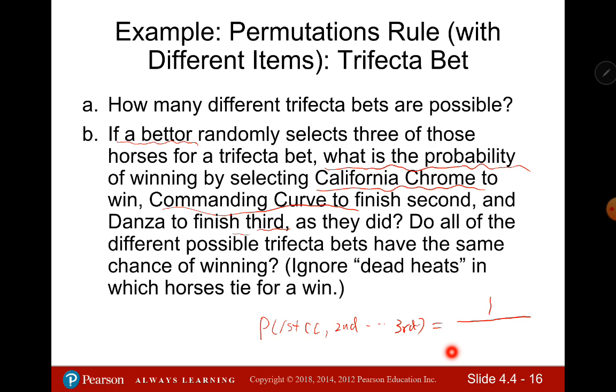So this is just one case, right? This is just one possible bet. We just put California Crown first, the curve second, and the dancer third. So it's just one possible bet. How many possible bets do we have?